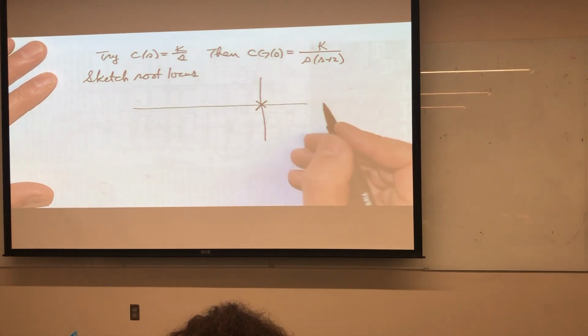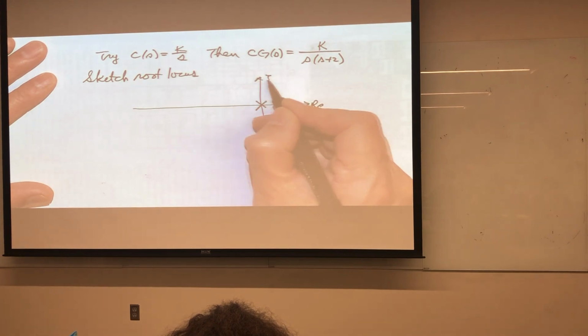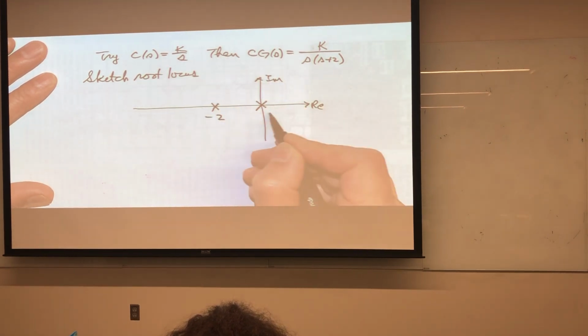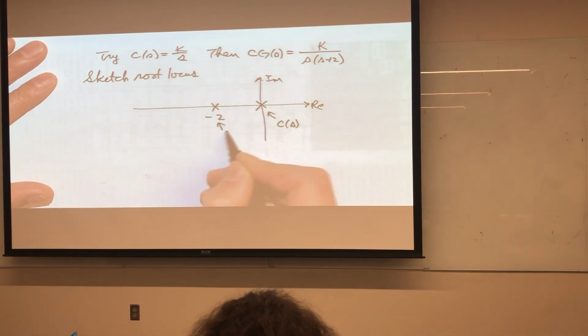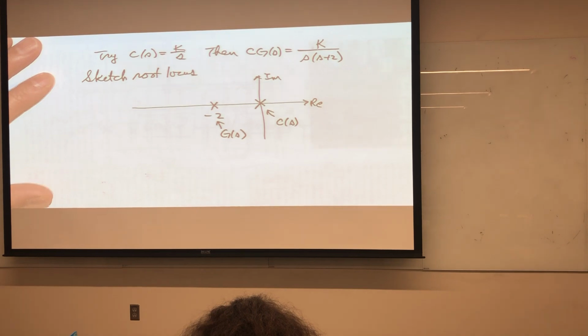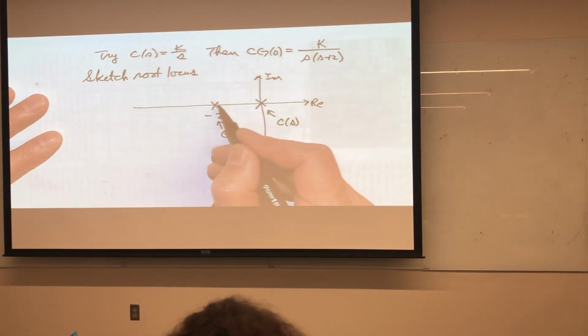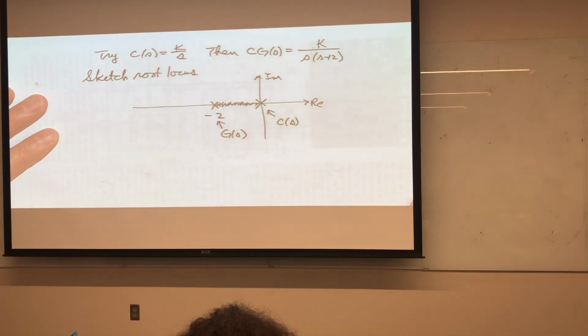So we have the plant pole here on the real axis. I'm sorry, the plant pole is here on the real axis at -2, and this is the compensator pole, like so. And so the root locus will look something like this. We'll do the real axis part first.